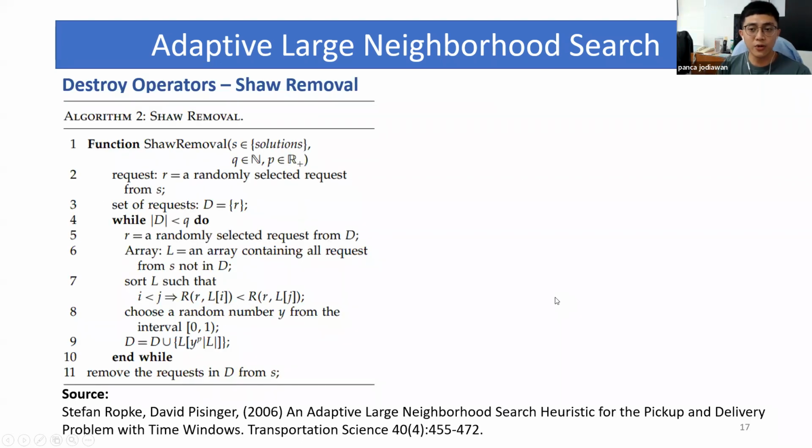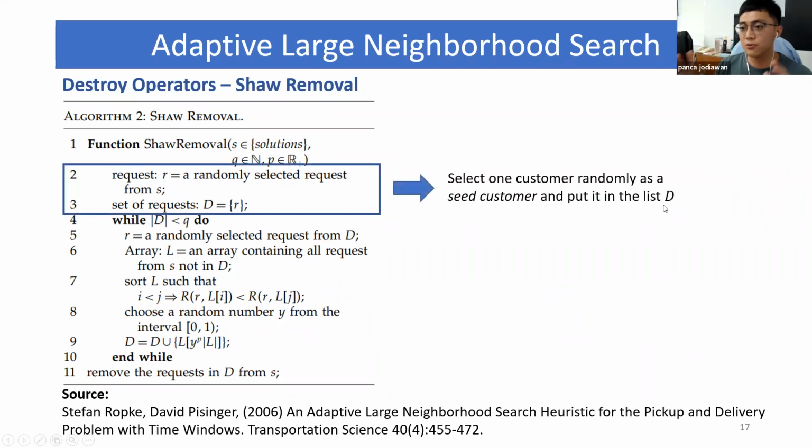Now we move to the algorithm. You do not need to pay too much attention to the algorithm part, but I will explain it as clearly as possible. The first step is to select one customer randomly. You can imagine that in the previous slide you have a lot of customers, and to start the algorithm you need to choose one customer randomly.